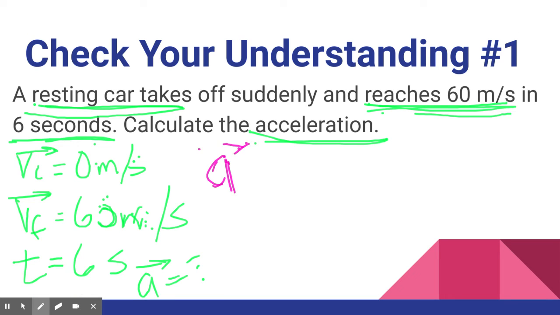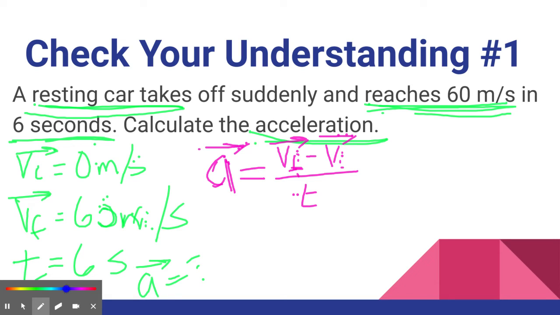Now I'm going to write the formula. It's going to be the final velocity minus the initial velocity, over time. I might just do this on a piece of paper. Okay, so there's my equation, roughly speaking, and now let's plug and chug.